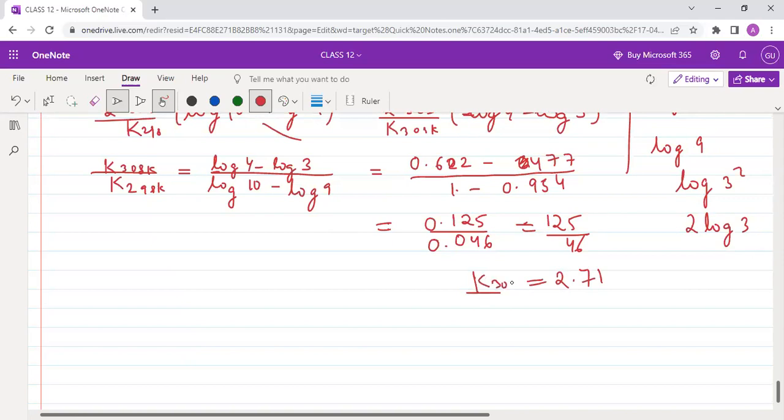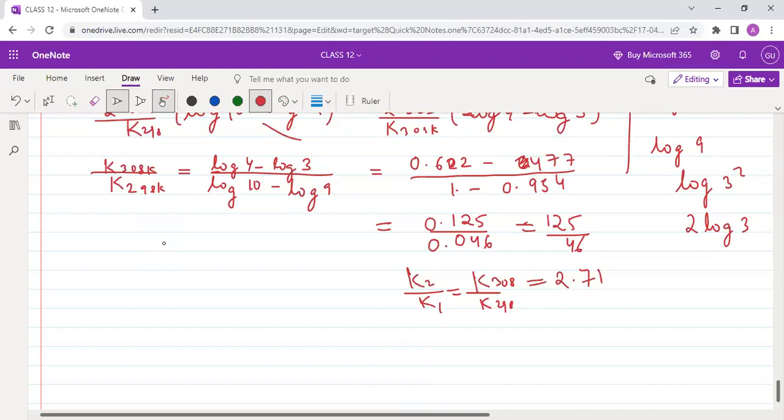K at 308 by K at 298. So we can also write it as K2 by K1. We have taken 308 as T2, K at 308 as K2 and K at 298 as K1. And now you have to calculate log K2 by K1.